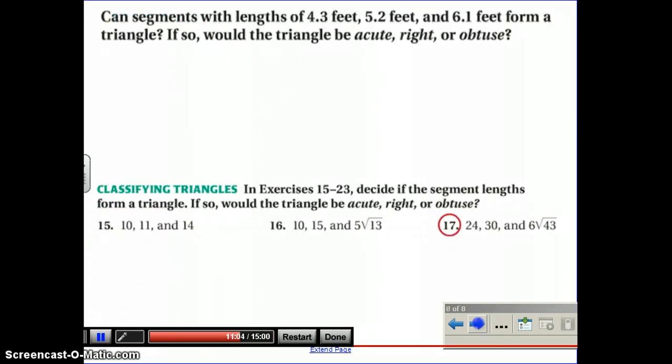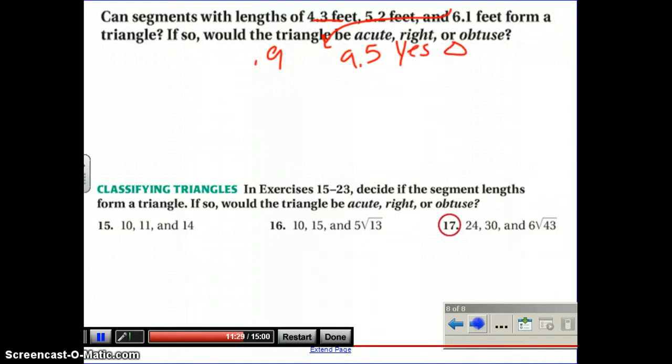Can segments with lengths of 4.3, 5.2, and 6.1 feet form a triangle? So go back to last chapter. Do they form a triangle? So if we add these together, we get 9.5. If we subtract them, we get 0.9. Is 6.1 between there? Yes. So it is a triangle. So yes, we have a triangle.